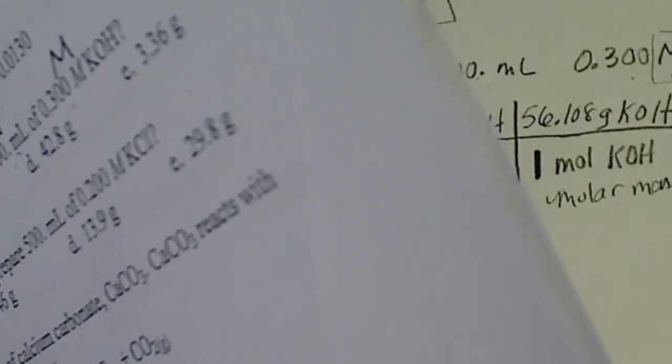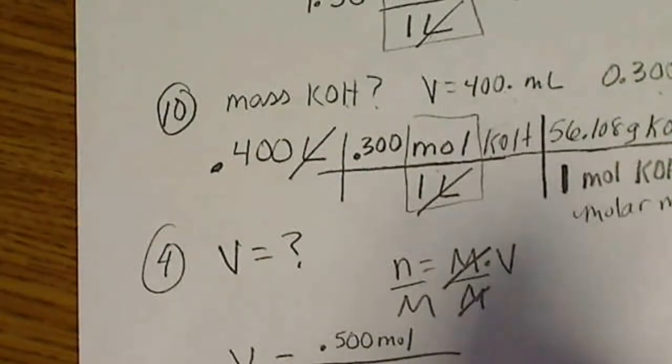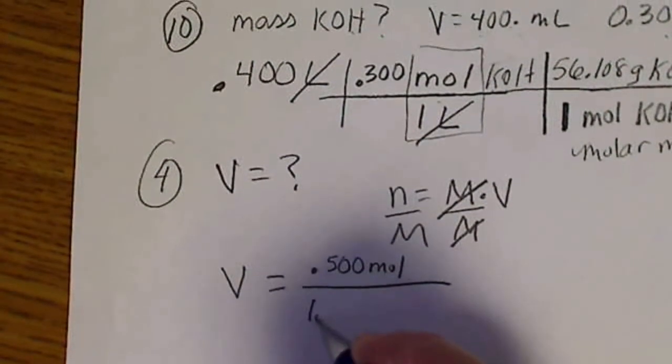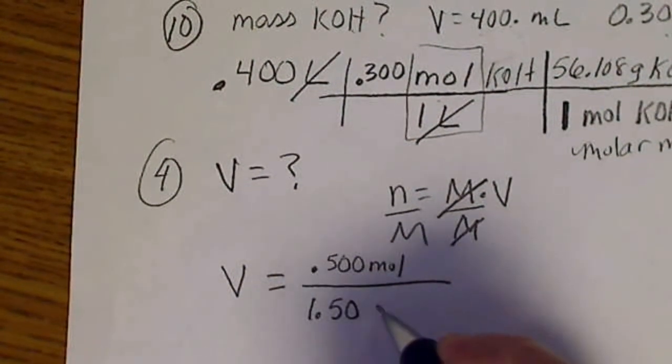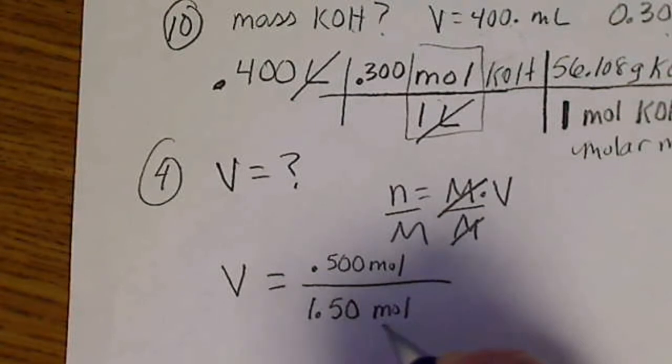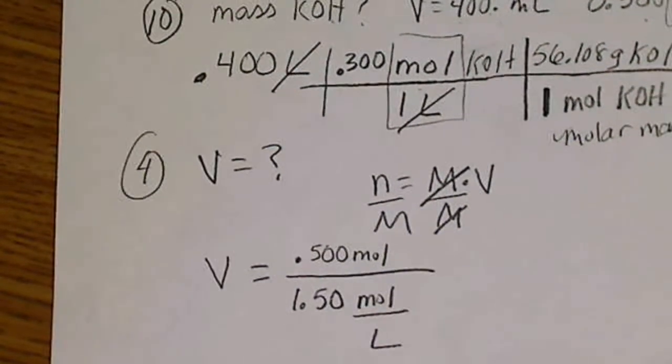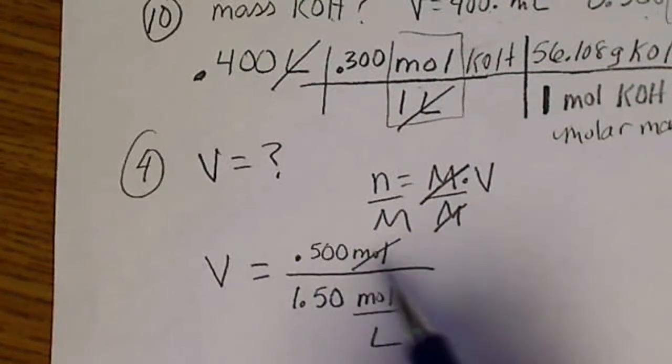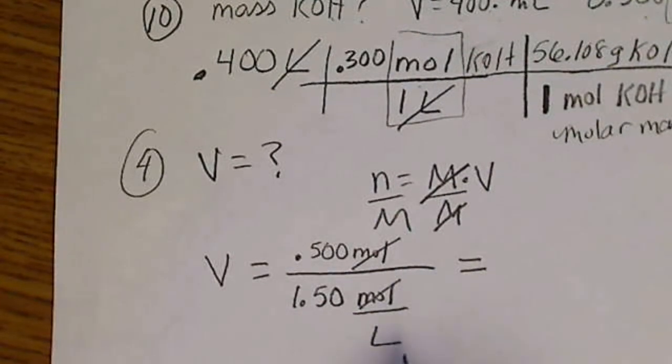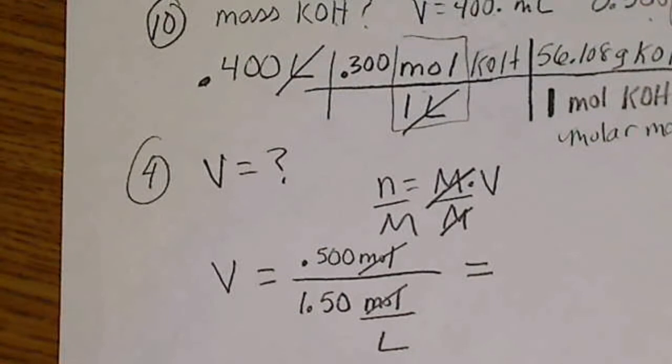So we're going to take 0.500 moles and divide by 1.50. Capital M is still a mole per liter. So the moles cancel, and our volume unit is actually the denominator of a denominator, which turns into a numerator.